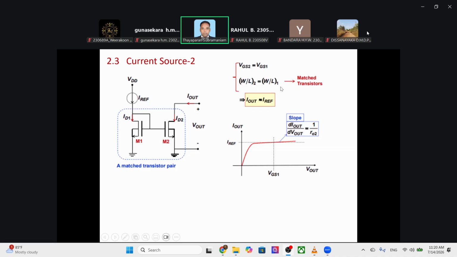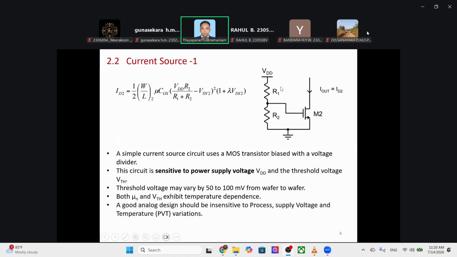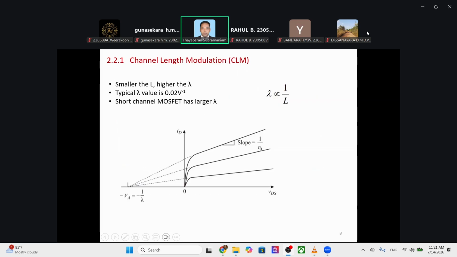If you look at this equation, if the W over L ratio of the two transistors is matched, this is constant. Therefore, this part of both transistors is equal. That's what the point here is.